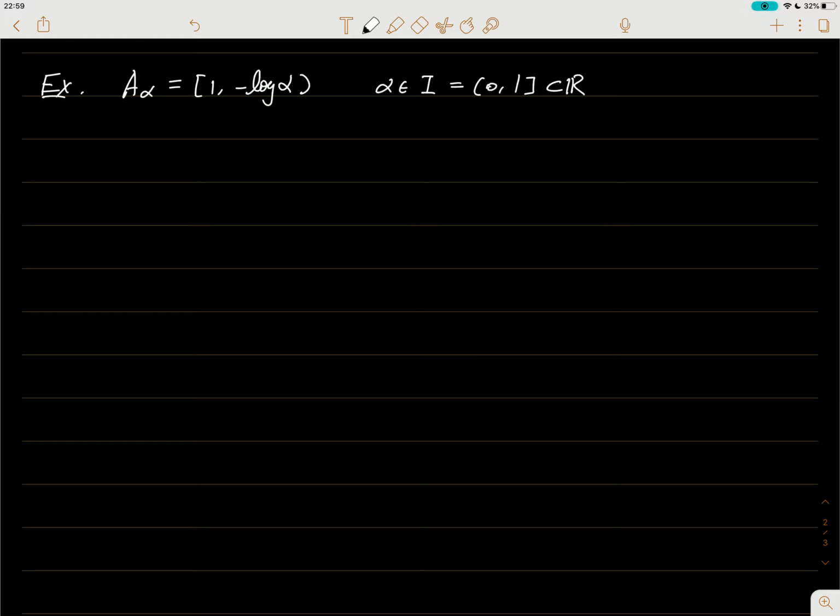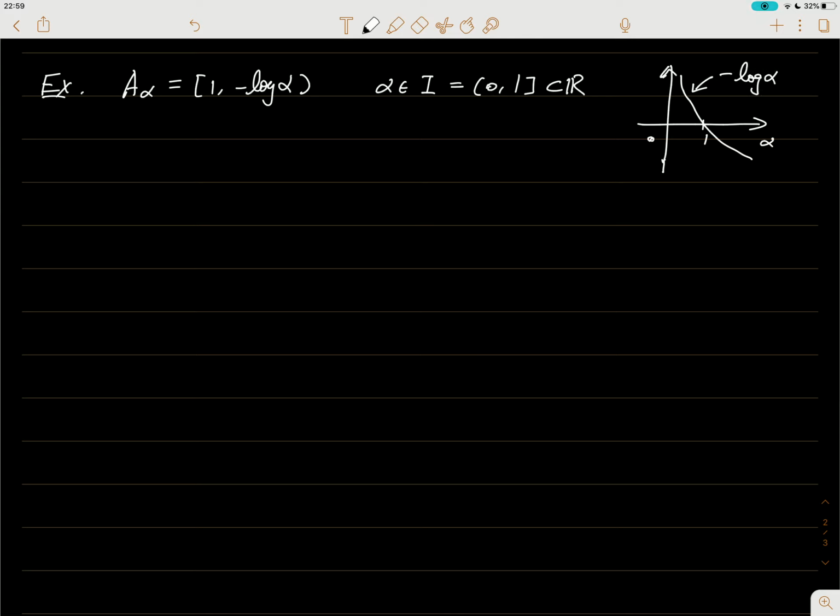So first we recall that if I have 0, 1 here, and this is alpha, the negative log of alpha will be like this. So this curve here is negative log of alpha.